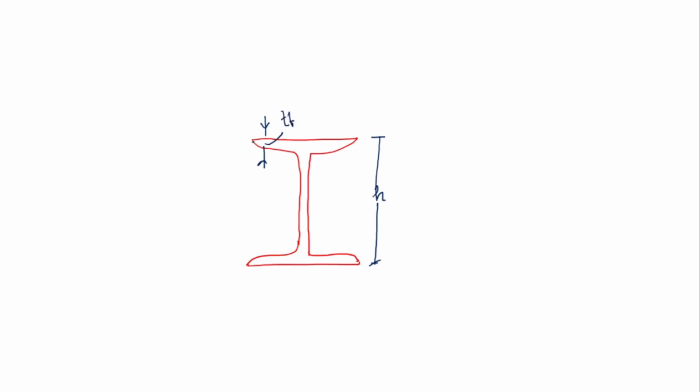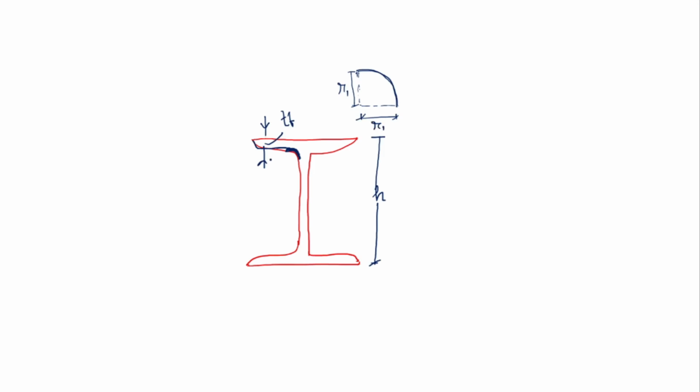Now the flange and the web is connected by a curve. This curve is the 1/4 of one circle. If I enlarge this portion, it will look like this, and it will have the radius R1, which is already noted down from the steel table.